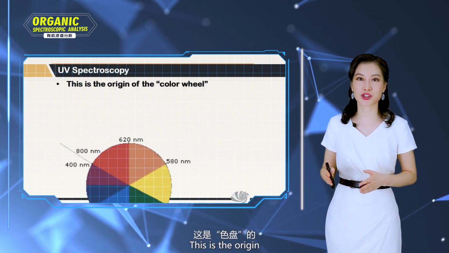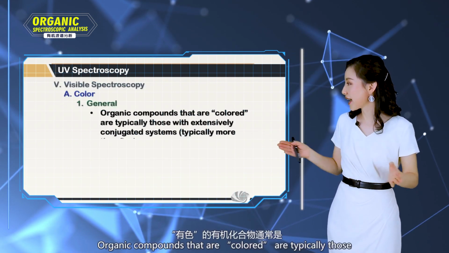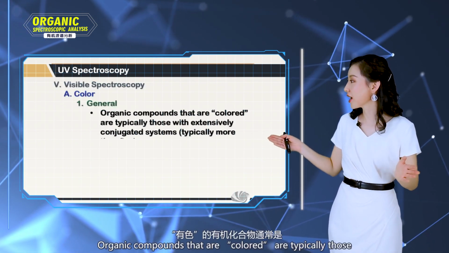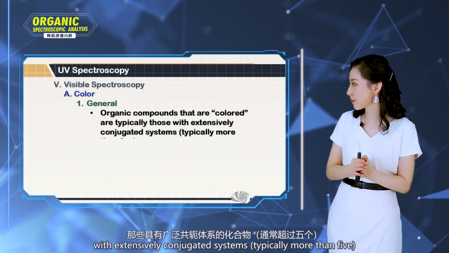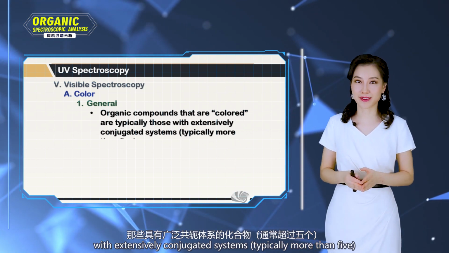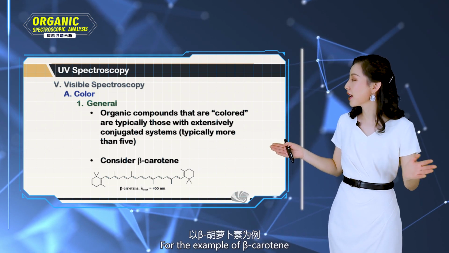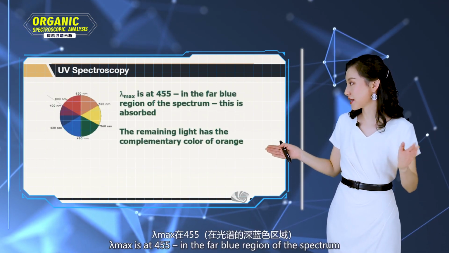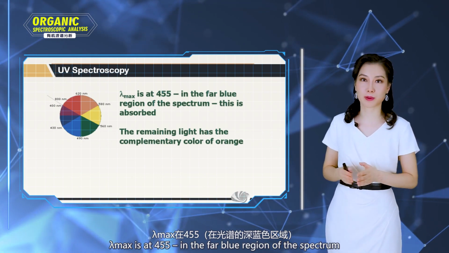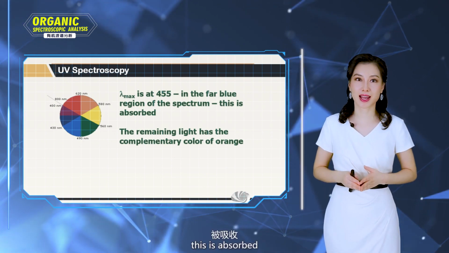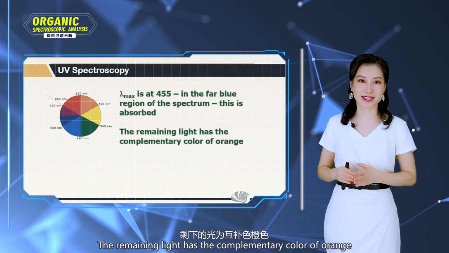This is the origin of the color wheel, as shown in this picture. Organic compounds that are colored are typically those with extensively conjugated systems, typically more than 5 double bonds. For the example of beta-carotene, lambda maximum is at 455 in the blue region of the spectrum. That is absorbed. The remaining light has the complementary color of orange.